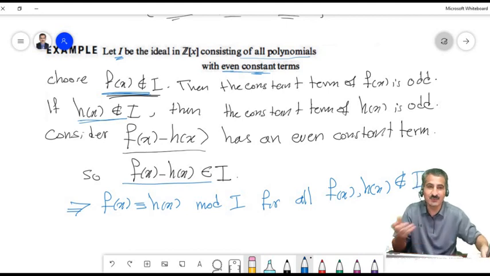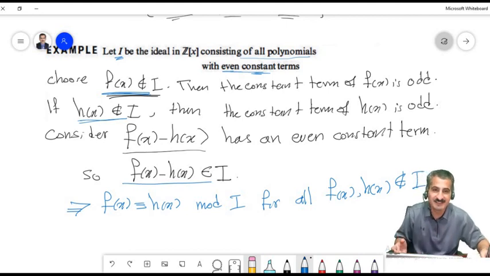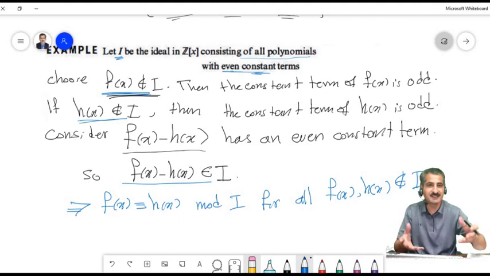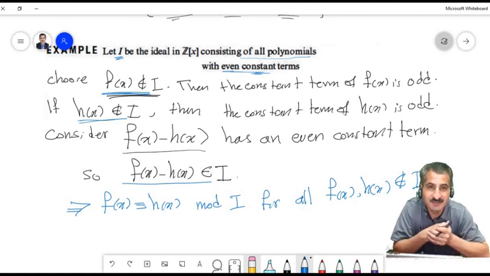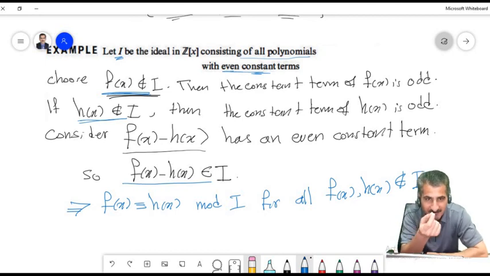And we want to represent that coset. So, see again, we have I. I has all polynomials of even constant term. So if you take one of them plus I, then that will describe that coset, right?